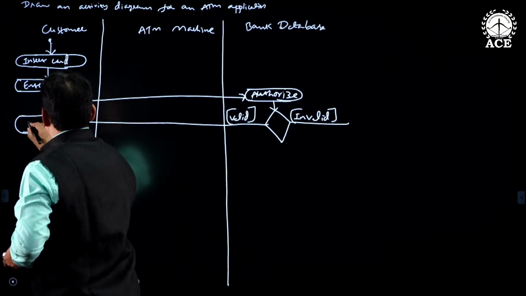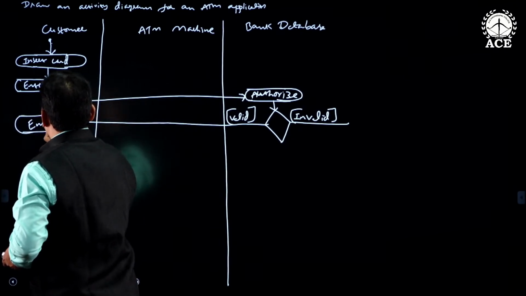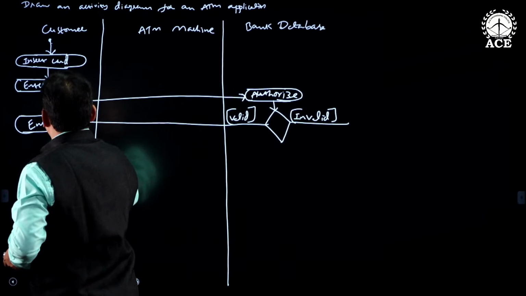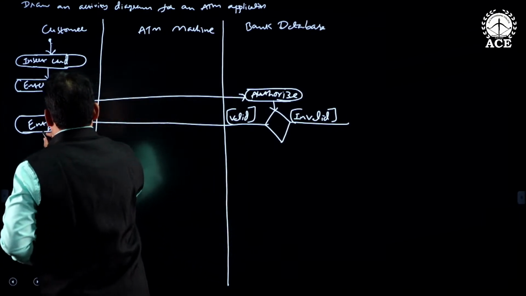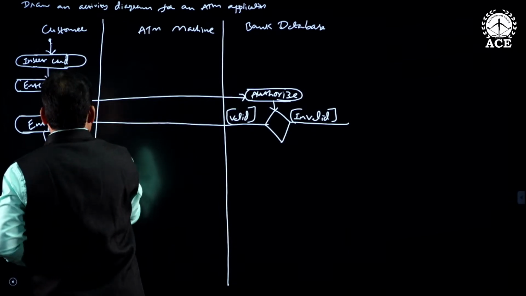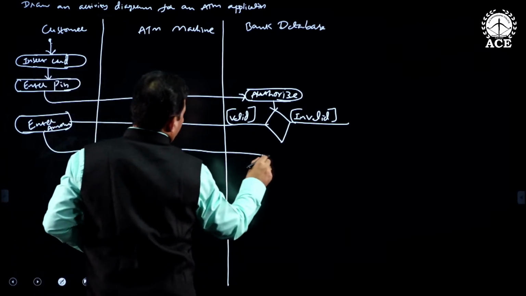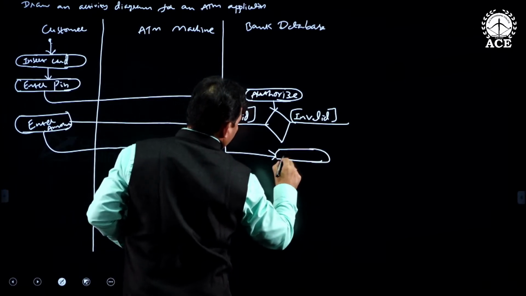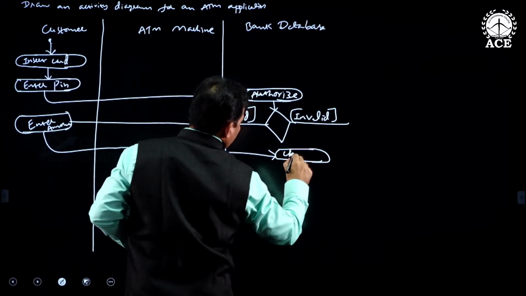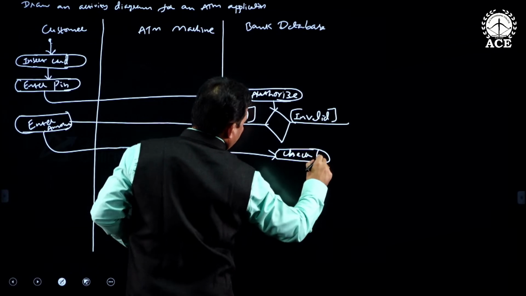The ATM machine will ask them to enter the amount. Once the customer has entered the amount, the next step is to check the balance.